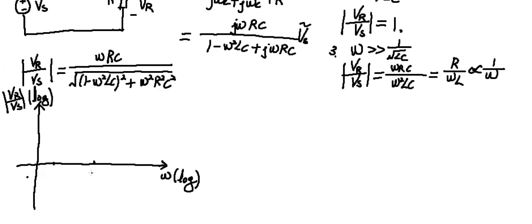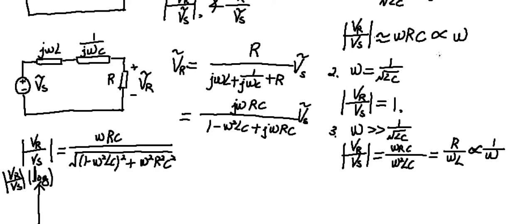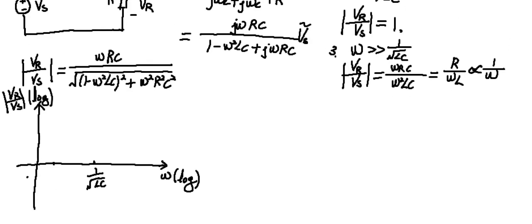As we discussed, the 3 different situations have a boundary at omega 0, which is the resonance frequency 1 over square root LC. When omega is much smaller than this resonance frequency, as we showed here, the output voltage is proportional to omega. On a log-log scale, this linear behavior is still a linear line. So let's draw it.